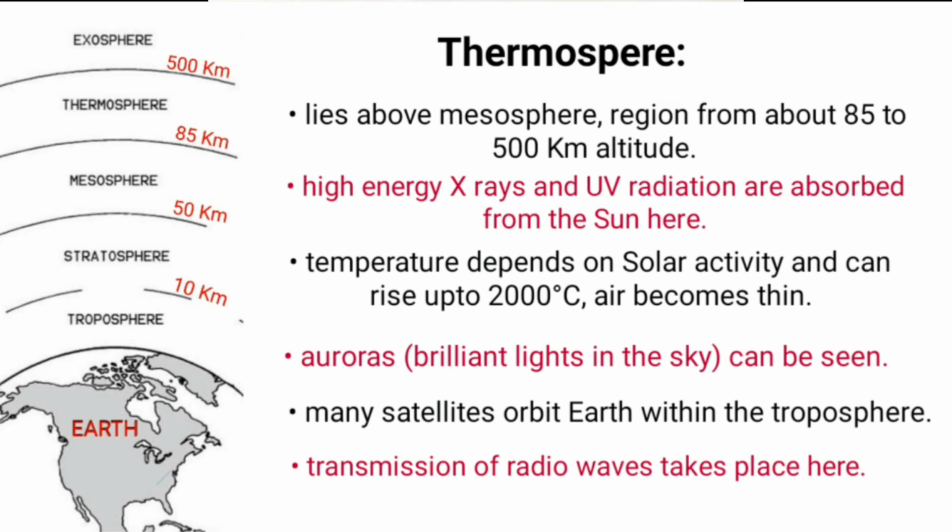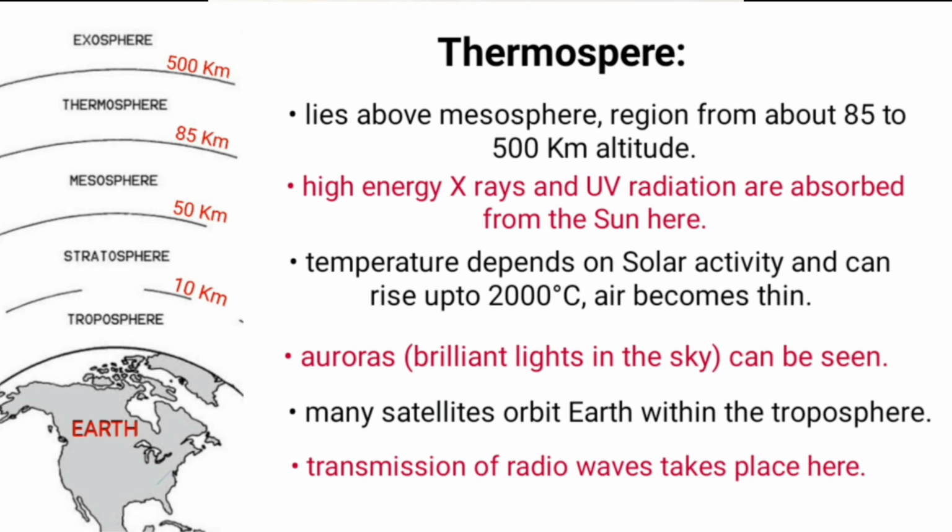Thermosphere. It is the fourth layer of atmosphere which lies above the mesosphere. It is the region from about 85 to 500 km altitude. High energy X-rays and UV radiation are absorbed from the sun here.